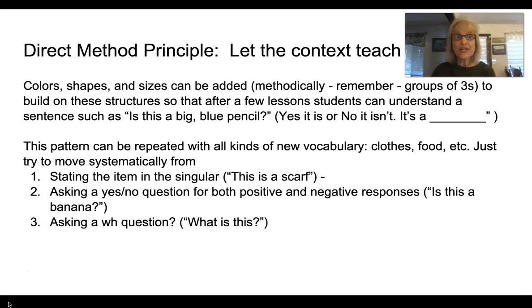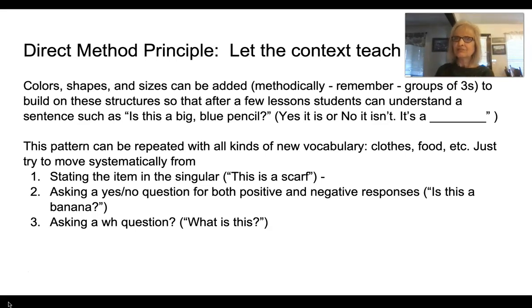Remember, groups of threes to build on these structures so that after a few lessons, students can understand a sentence such as, is this a big blue pencil? Is this a small orange pumpkin? Yes, it is. Is this a big black chair? No, it isn't, right?